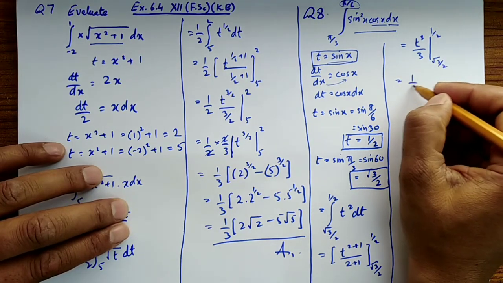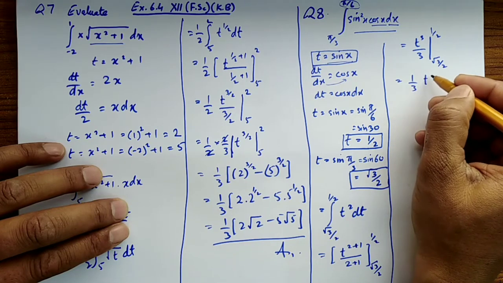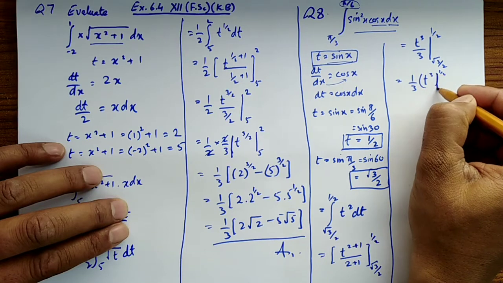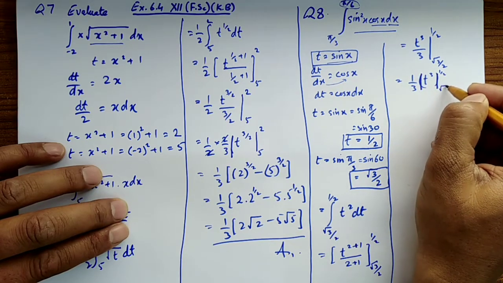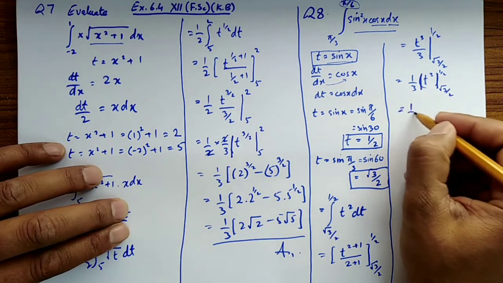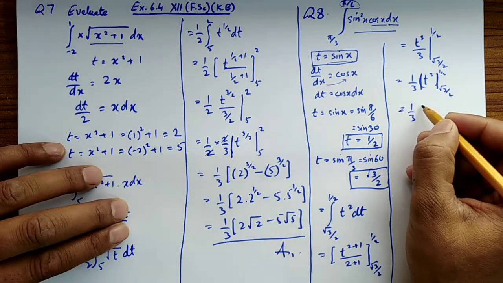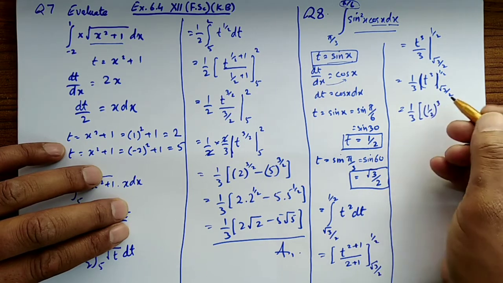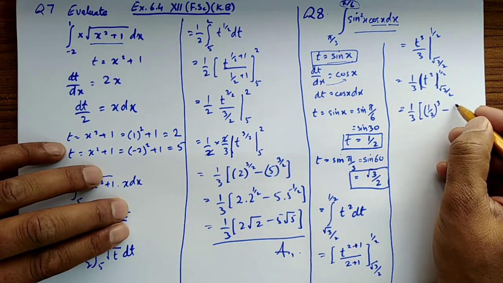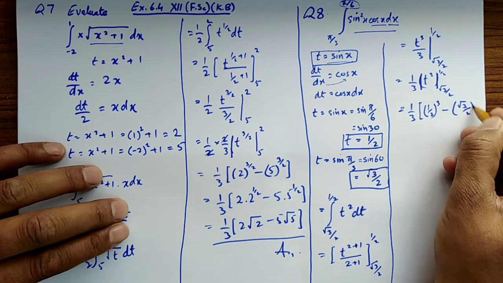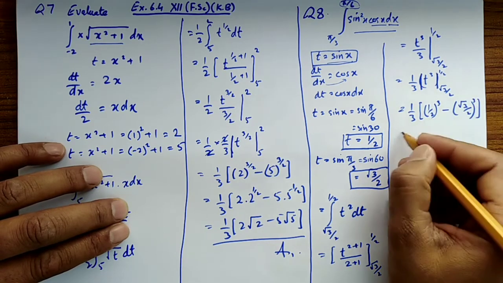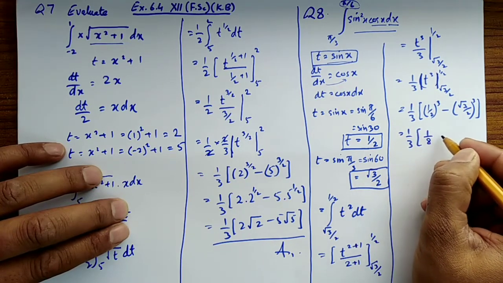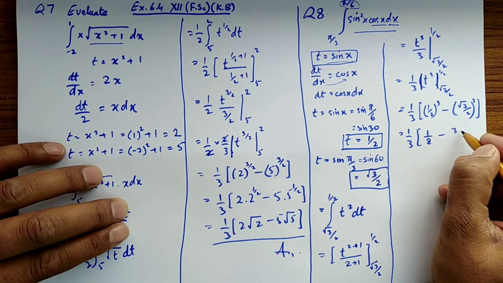So taking out this 1 upon 3 outside, put the bars here. In place of t I'm going to put 1 upon 2 whole power 3, minus root of 3 upon 2 whole power cube, times 1 upon 3. That gives 1 upon 8, minus this gives 3.